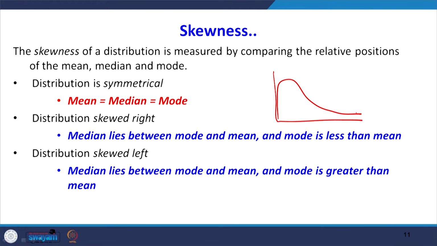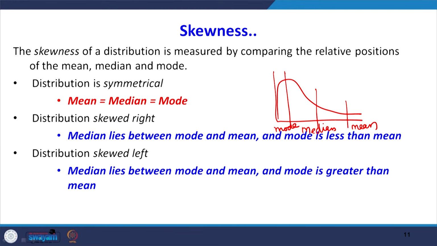Skewed right means this way. So, this will be our mean, this will be our median, this will be mode. Look at this, the median lies between mode and mean, and the mode is less than the mean.